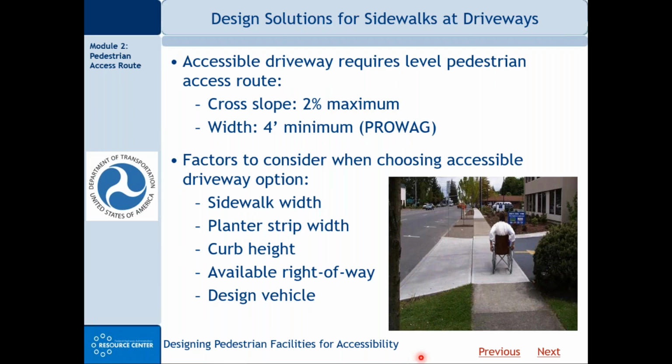So let's look at this driveway crossing. And actually, this is an accessible driveway. It looks like it's a 5-foot sidewalk, 2% cross slope, nice, firm, stable, slip-resistant surface. So it looks like it complies with PROWAG. We can't see what the land use is here on the right. I think it's some sort of small medical clinic.